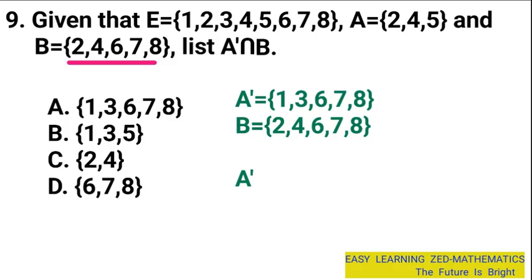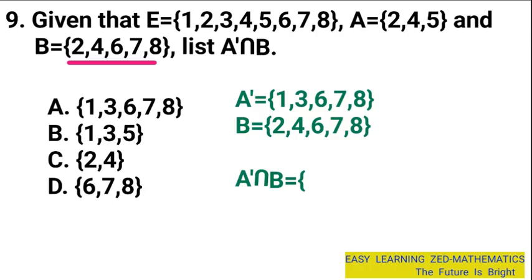Is equal to, so what we're going to do now is find, when we ask for intersection, we're asking for members that are found in both sets, A complement and B. Which elements are found in A complement and B? So when you look at 1, it is not found in both, 2 is not found in both, 3 is not found in both, 4 is not found in both. But when you look at 6, 7, 8, they are all found in both sets.